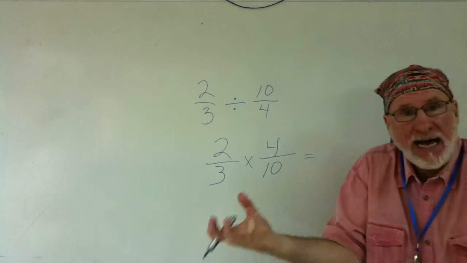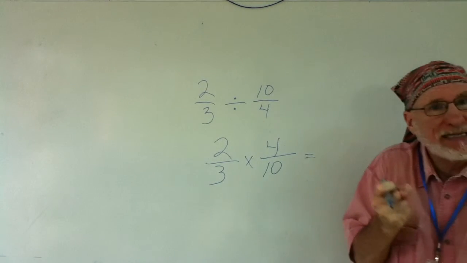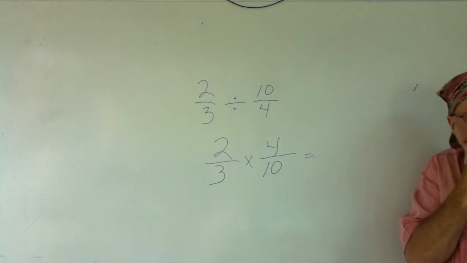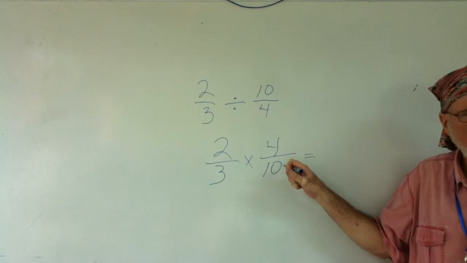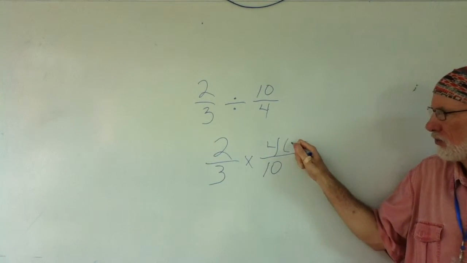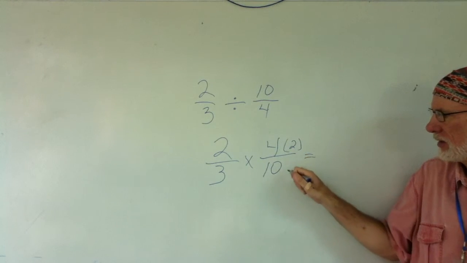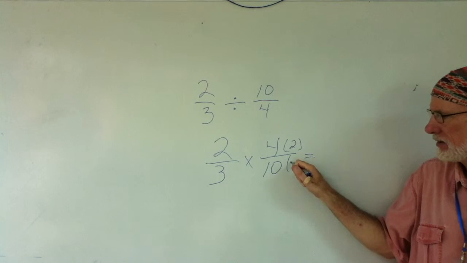I'm going to divide the numerator and the denominator by that greatest common factor, aren't I? Say that, Eric. Okay. You're going to divide the numerator and the denominator by the greatest common factor. So, 4 divided by 2 is? 2. And then 10 divided by 2 is? 5.